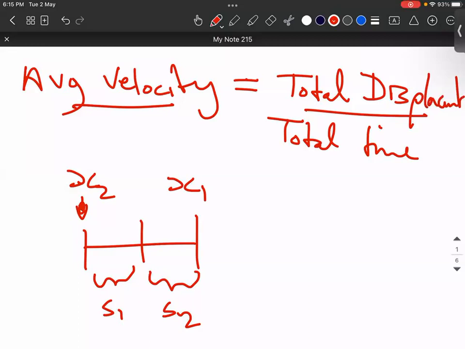But if I have two displacement quantities, let's say from x1 I want to go to x dash, and from x dash I want to go to x2. From x1 to x dash my displacement is s1, and from x dash to x2 the displacement is s2, let's say. So what is my total displacement? s1 plus s2.